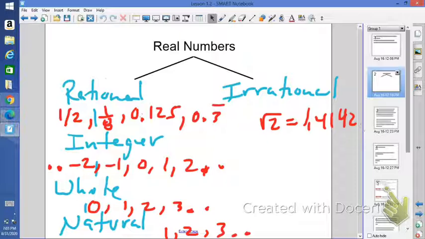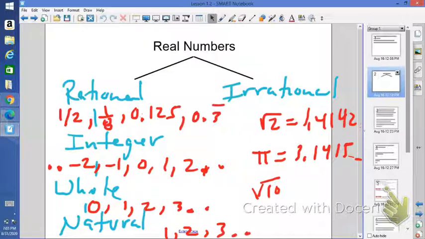It doesn't end. It doesn't repeat. Pi. What does pi equal? Well, 3.1415, and that keeps going on.